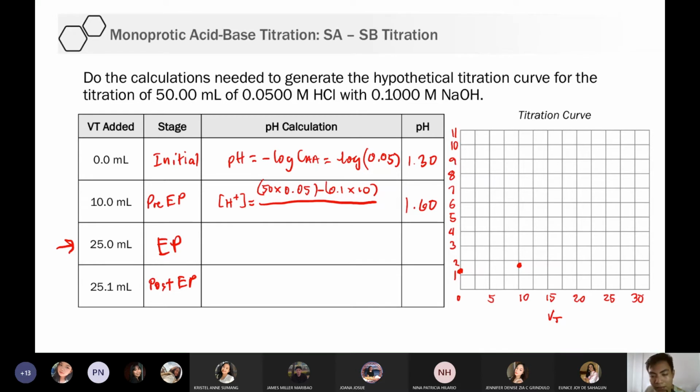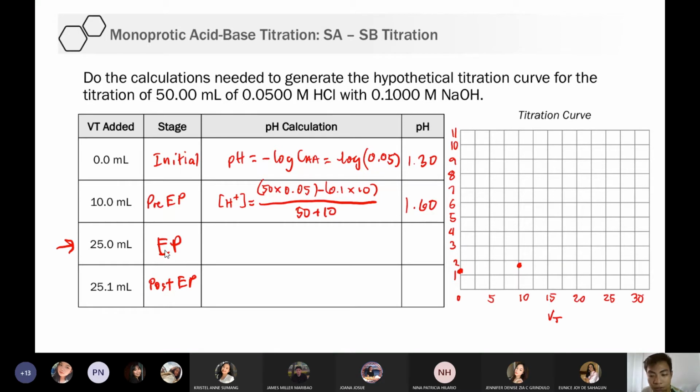Kasi di ba molarity times ml is millimoles. Pag dinivide mo uli yun sa ml, molarity ulit. Di ba? Okay. So, gamitin na natin na ml yung volumes parati para masanay. So, this is the equation we use to determine the concentration of H+. Getting its negative log will give us 1.6. Yan yung pH ng solution at 10 ml titrant.